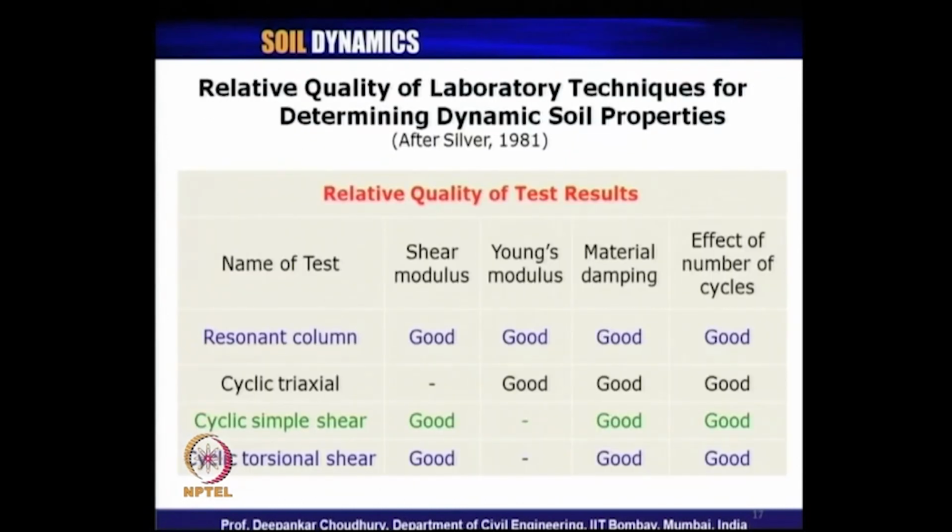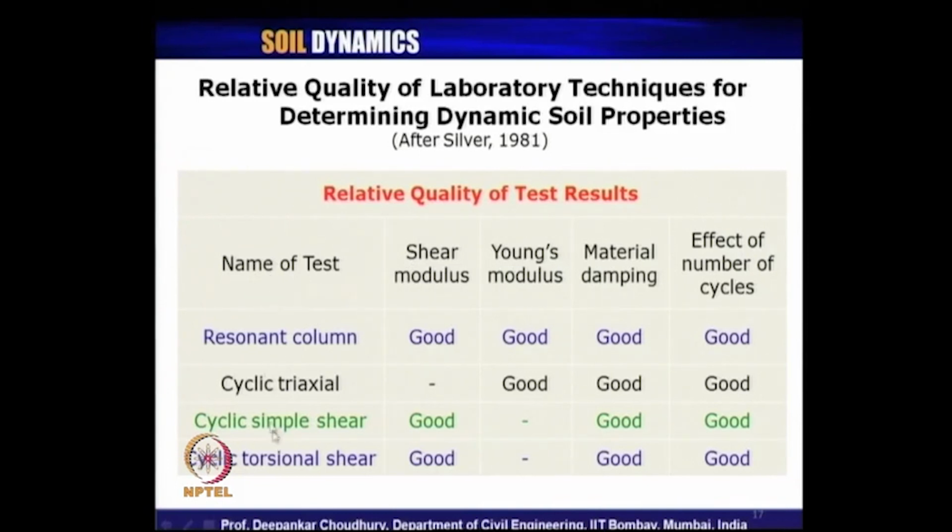Now, let us come to the relative qualitative assessment of the various laboratory tests we have seen to determine the dynamic soil properties. It is given by Silver in 1981.